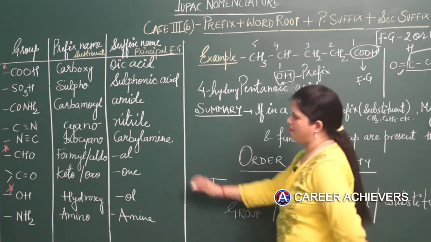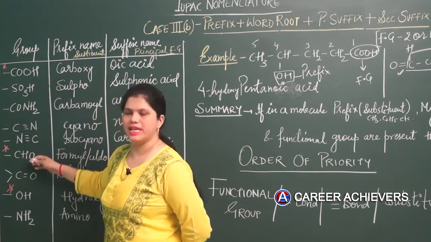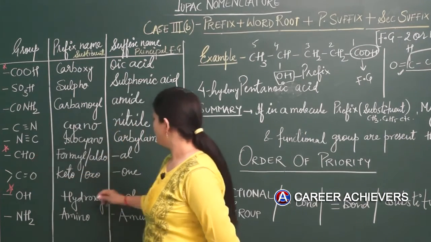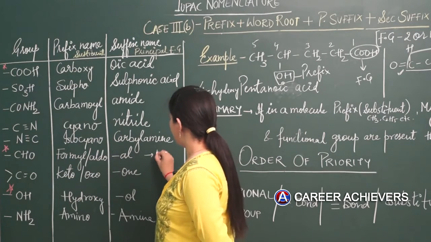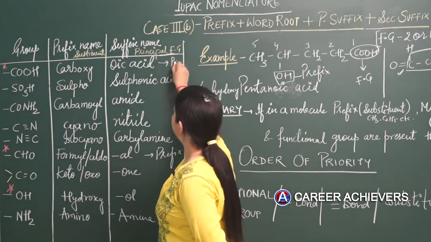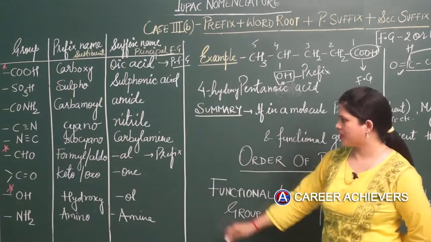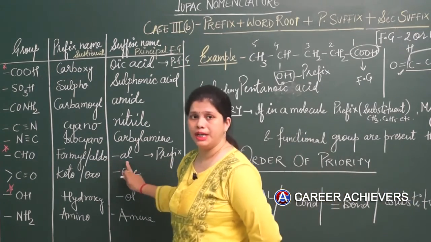So again if we refer to our priority table, COOH is present far above the aldehydic functional group. So COOH again will be treated as the principal functional group and the aldehyde will not be treated as a functional group.